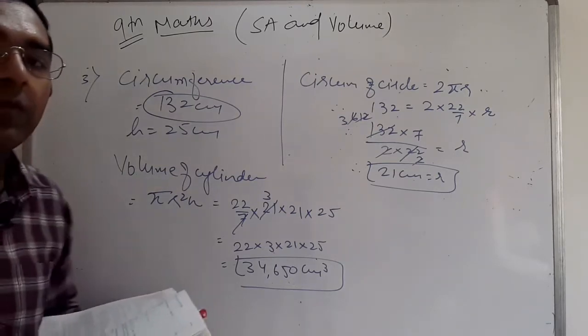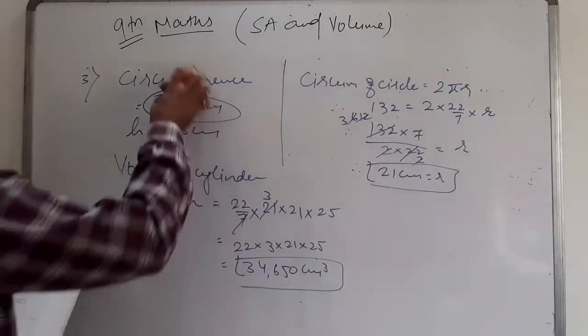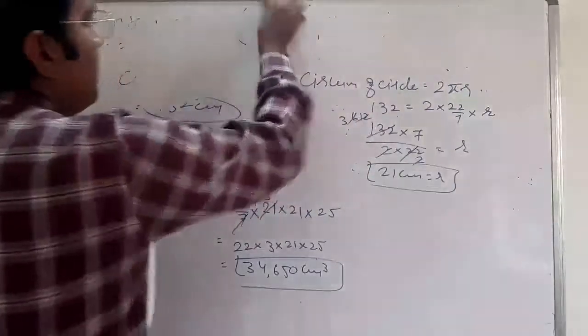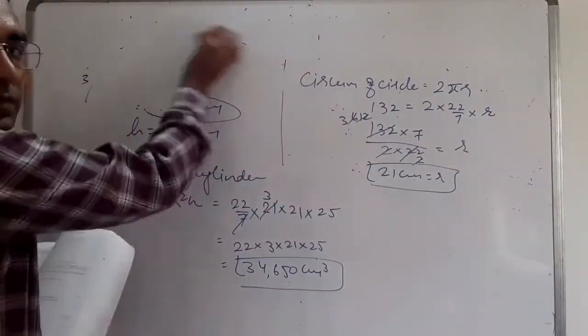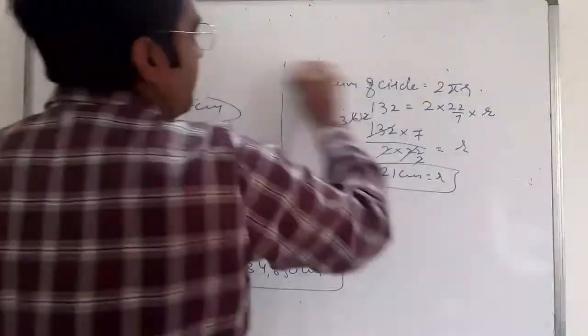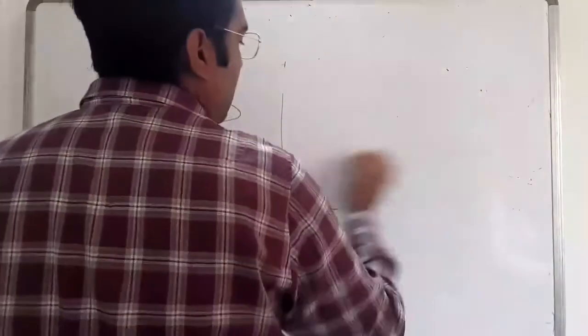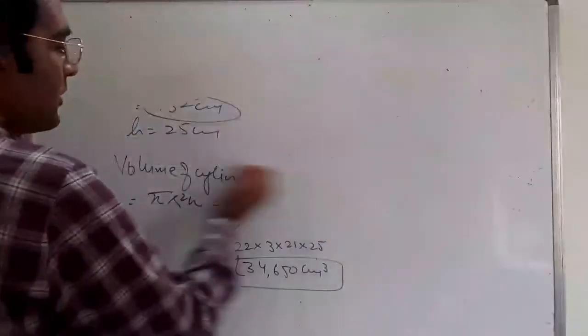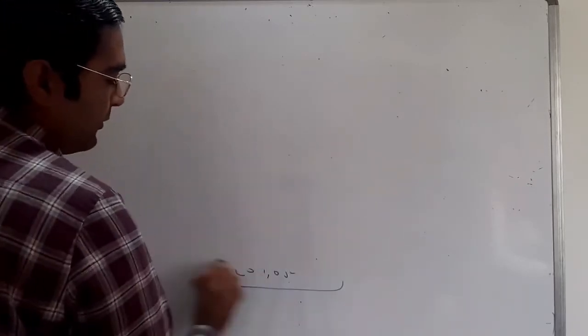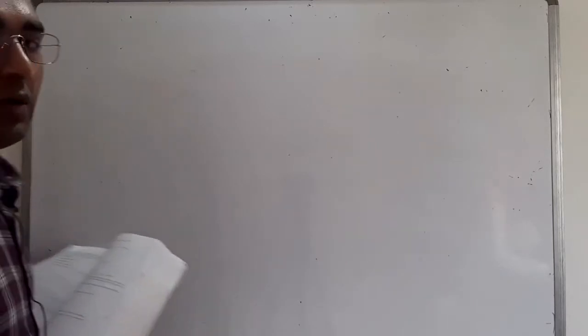Now we are moving to the next question. My next question is also given for the hollow cylinder, which I already told you about. It is given as a hollow cylinder.